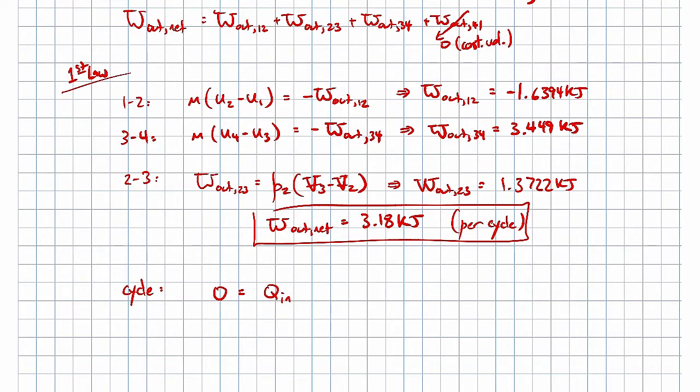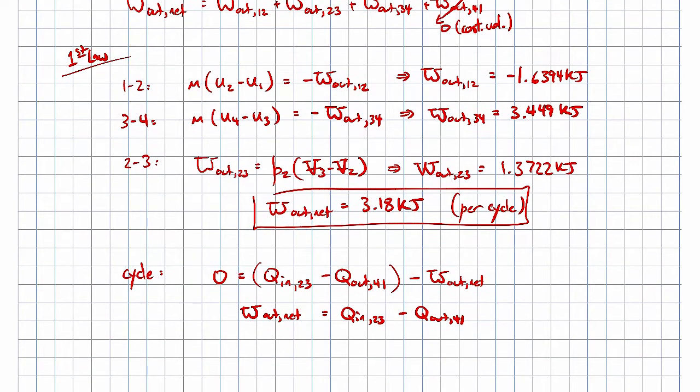So this will be coming in from 2 to 3. And then we'll have the heat transfer out from 4 to 1. And then we'll also have the net work out over the whole cycle. So to find that net work out, of course that'll be Q in from 2 to 3 minus Q out from 4 to 1. So then you'd have to find the heat transfers in each of those processes.